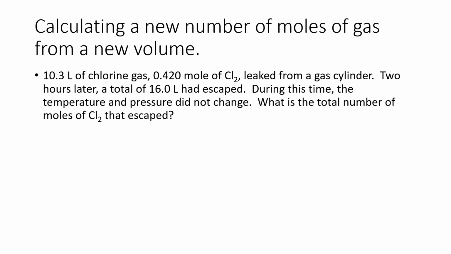So we have a V, we have an N, we have another V, and we're trying to find the total number of N. That means it is another Avogadro's law. These are grouped together, 10.3 liters and 0.42 moles, as described in the sentence. The other one must be V2 and N2, the total number of moles of Cl2.